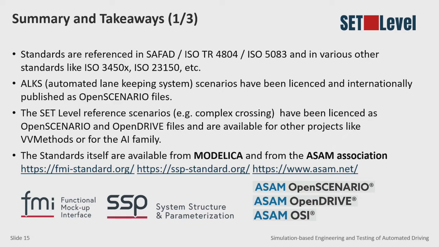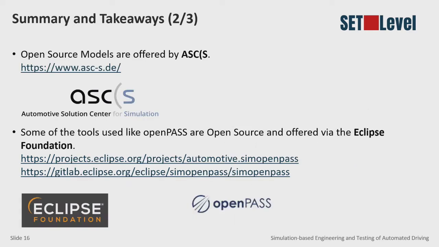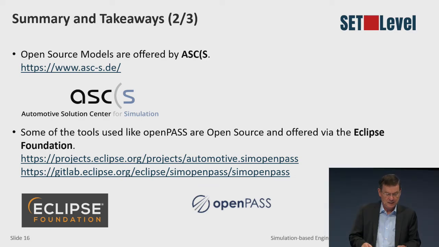So OpenSCENARIO and OpenDRIVE files are licensed from SAT level for scenarios on complex crossings, and also used in other projects like VV Methoden from the Pegasus family and from the artificial intelligence family. Open source models are licensed and offered already through the ASCS, as I said. And some tools are open source, like OpenPASS from the Eclipse Foundation, for example.